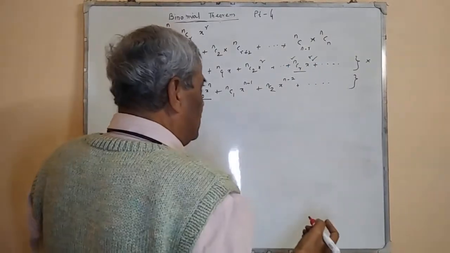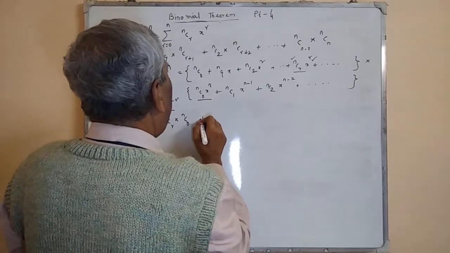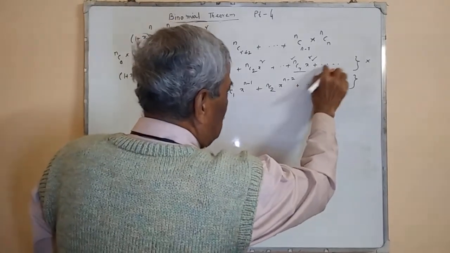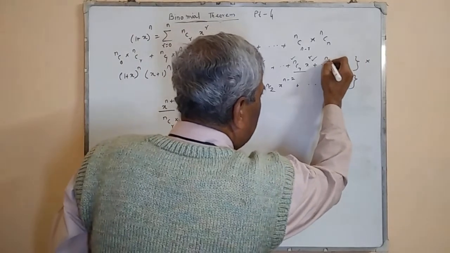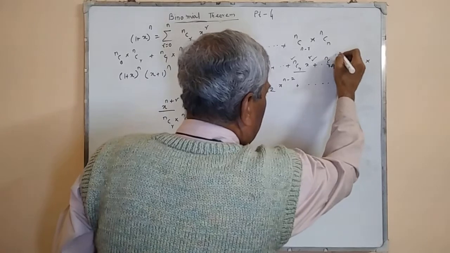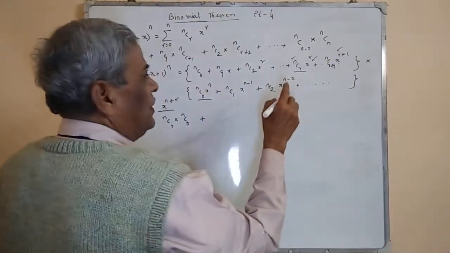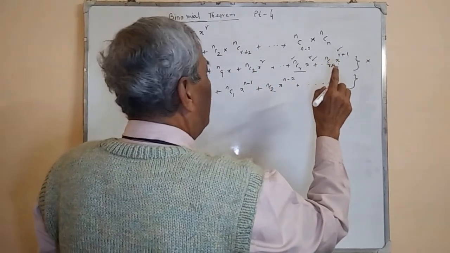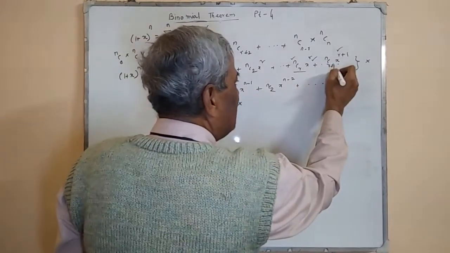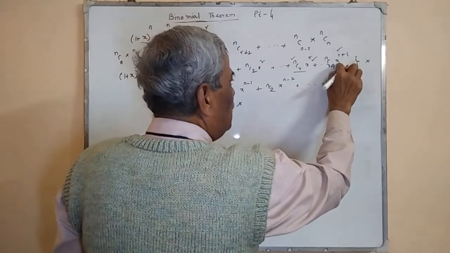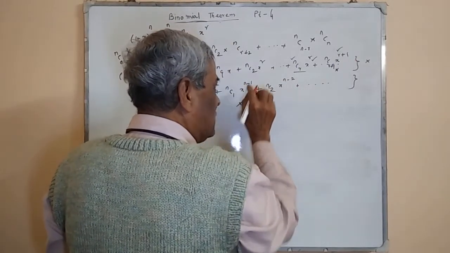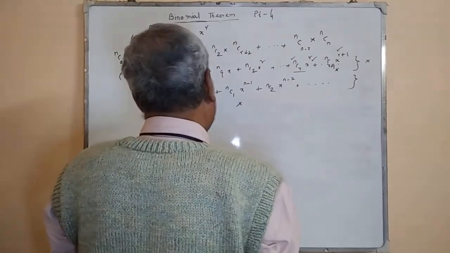Multiplying this with no other term, I can obtain x to the power n plus r. Its next term is nC(r+1) into x to the power r plus 1. Multiply this with that, the power of x will be x to the power r plus 1 into x to the power n minus 1, so x to the power n plus r.